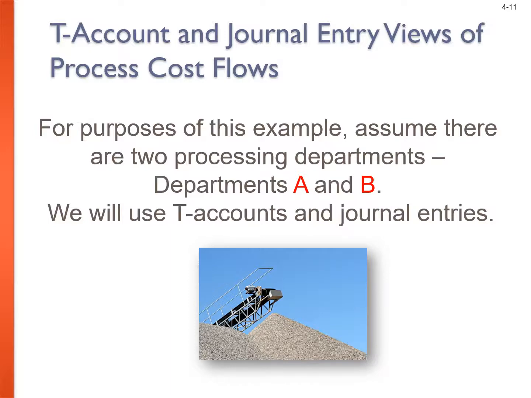So we're going to look at a T account and journal entry view of the process cost flow. Assume there are two departments we are looking at for purposes of seeing how the journal entries would be done.